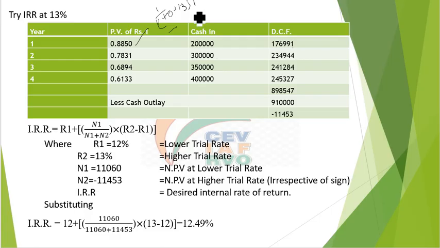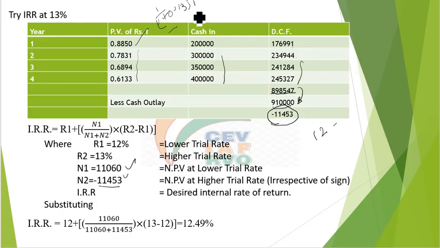Similarly, you can find out for third and fourth year also. So you find this value comes out to be 8,98,547. So it is less than the initial outlay, which was 9,10,000. So the value comes out to be minus 11453. And so the NPV at 12% was equal to 11060, and at 13% it is minus 11453.